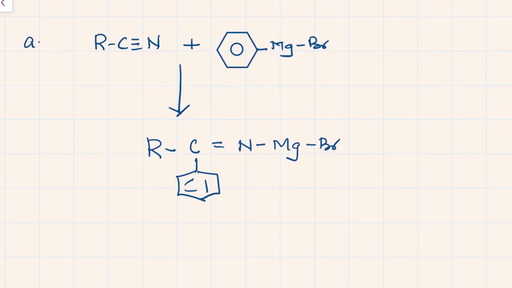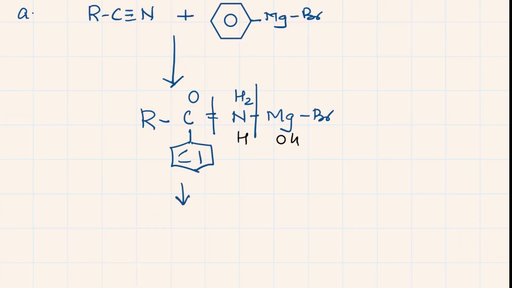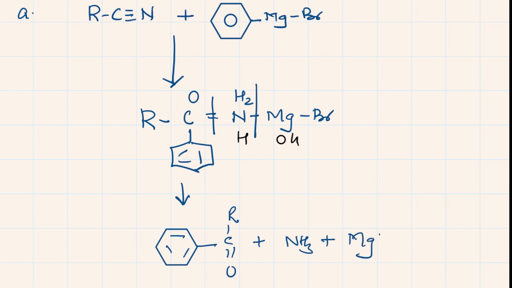This adduct undergoes exhaustive hydrolysis. So you add water, one molecule of water like this, and one more molecule of water like this. The products obtained are, you can see very clearly, a ketone, ammonia and magnesium hydroxyhalide, which is a very common byproduct.